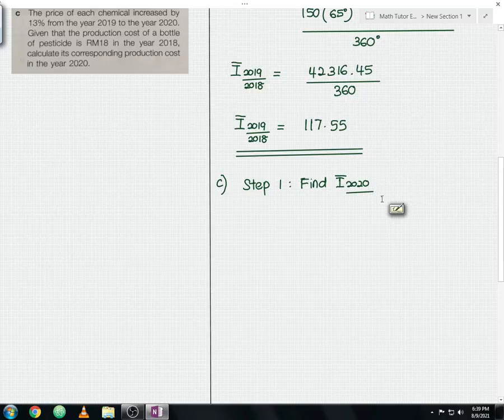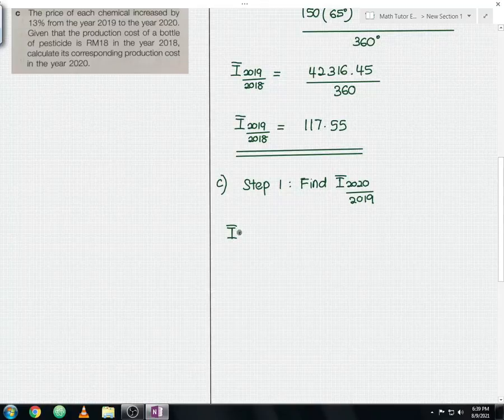Okay, so from here, composite index of the year 2020 based on the year 2019.